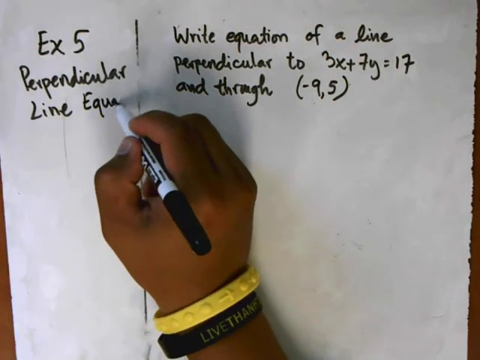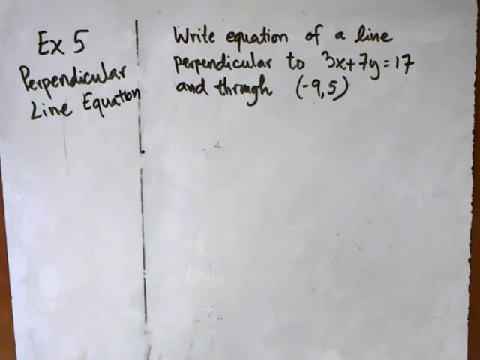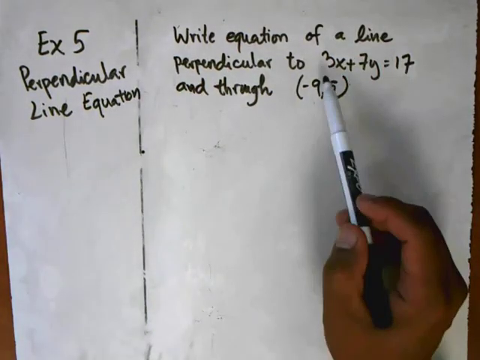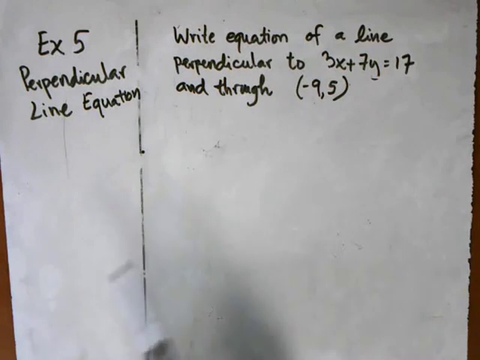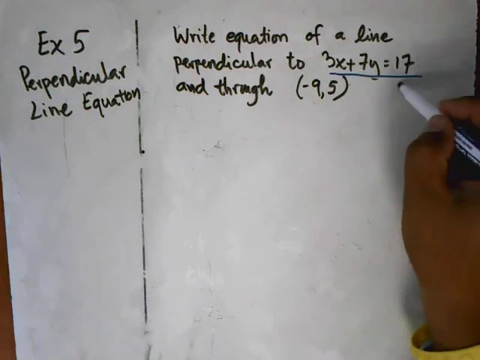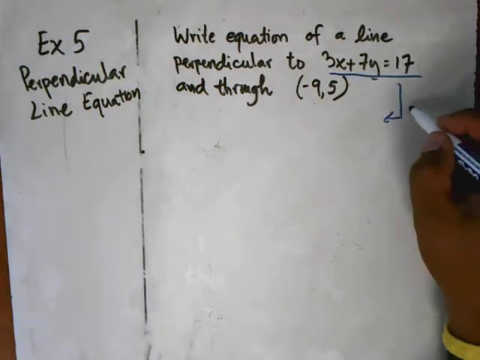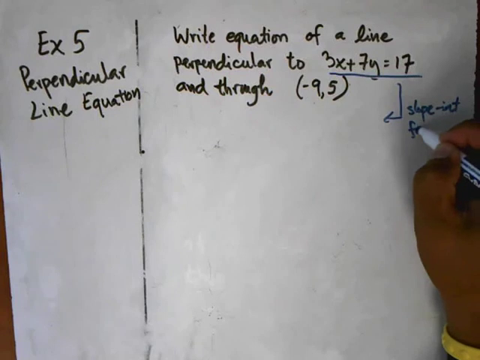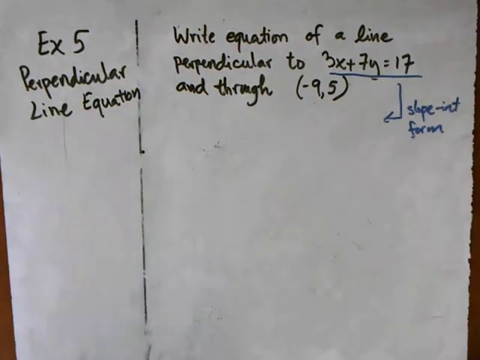So I have an example here that asks for the equation of a perpendicular line. It says write the equation of a line perpendicular to this other line and passes through this point. So again, sort of like our example with the parallel lines, we're going to take this equation and just convert it to slope-intercept form. Okay.